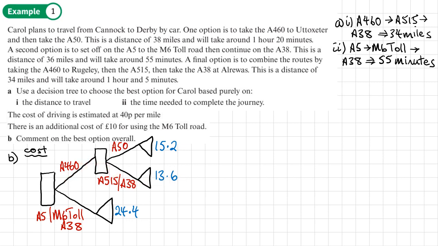So this is the best option for distance. The best in terms of time, that's the toll road route, so this is best for time. And the best option in terms of cost is this one here, the middle option here, A460, A515, A38. So this is the best for distance and for cost.